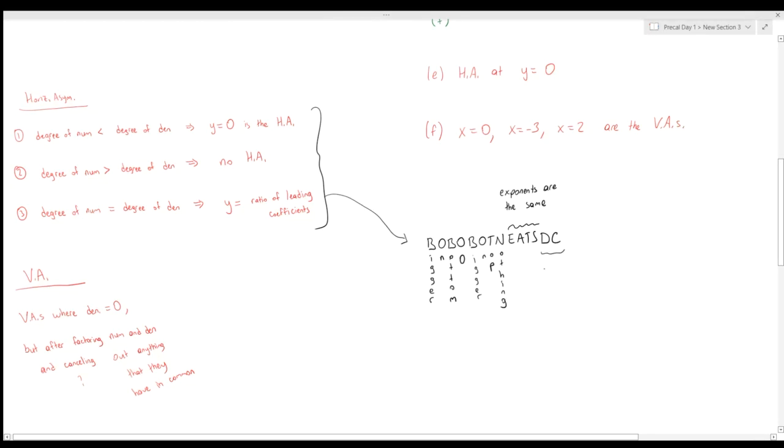DC refers to divide coefficients. Just what I talked about here. You divide those leading coefficients to get your horizontal asymptote, okay? So a lot of students seem to have learned this before, so I thought I would just mention it to you guys as well. So it's Bobo, button, EATS, DC. Okay.